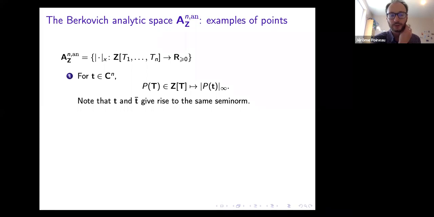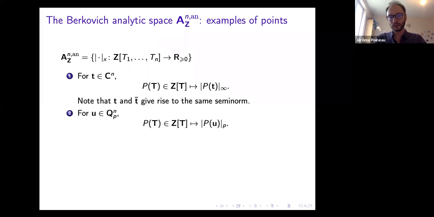What do we get here? It's something like Z adjoin t, but endowed with the absolute value that corresponds to the one you used here, so endowed with the usual absolute value. So as a completion, we get either C or R, depending on whether our small t is in R or in C, okay?